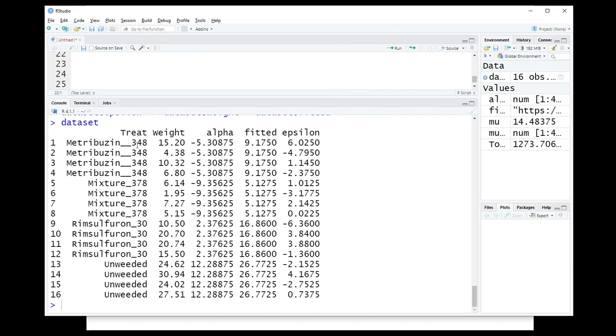The first observation, it was 15.2. With no error, it should have been 9.18. But the error produced an effect which was equal to 6.0. And that error brought the observed level to 15.2.